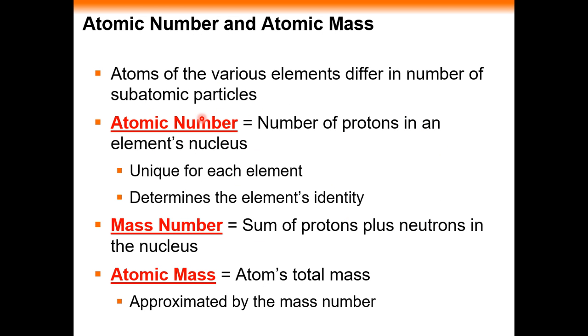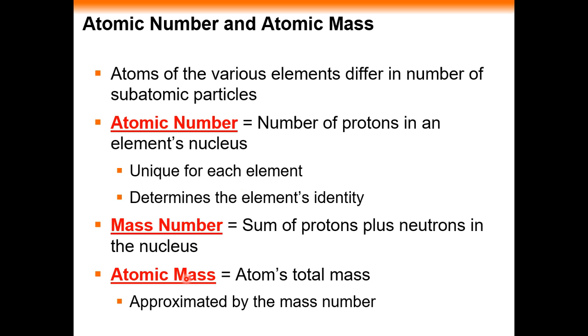So then we introduce these really complex terms that are really important to understand, though, and people always get confused. There's an atomic number and an atomic mass. The atomic number tells you the number of protons in the element's nucleus. It only tells you the number of protons. And this number is really special because it's unique for each element. It determines the element's identity, and that's a really, really important point.